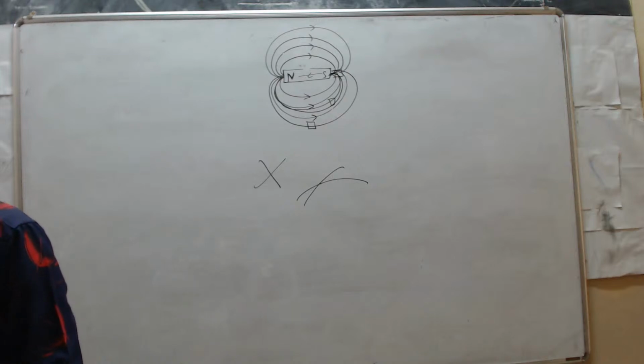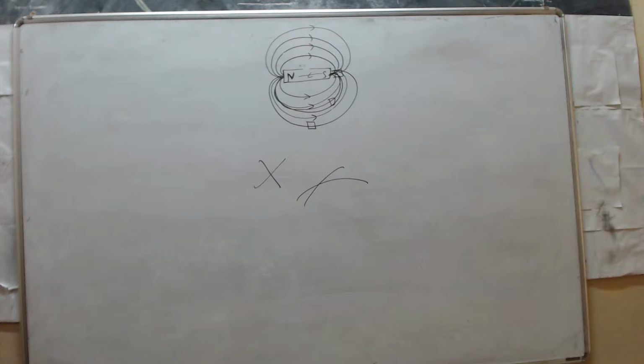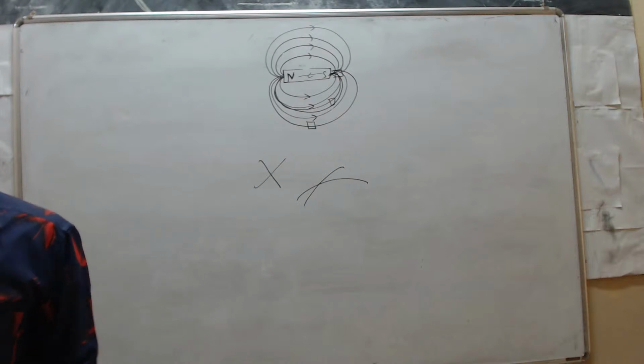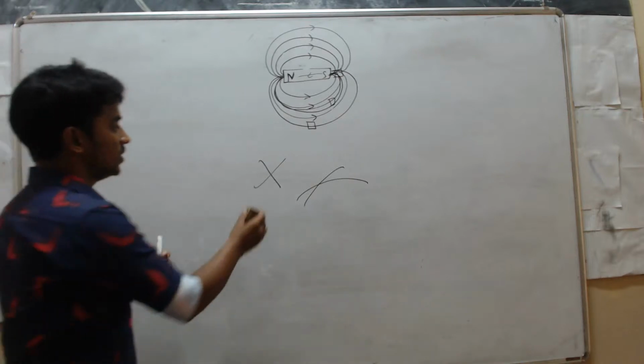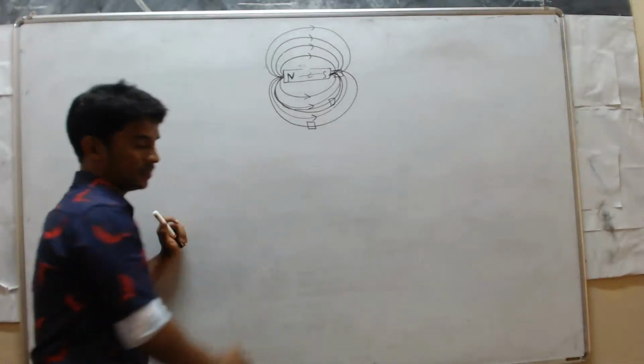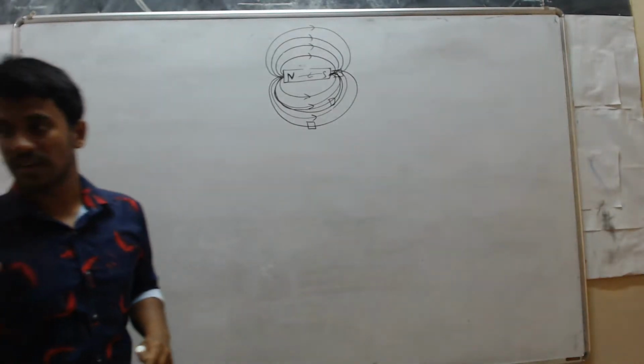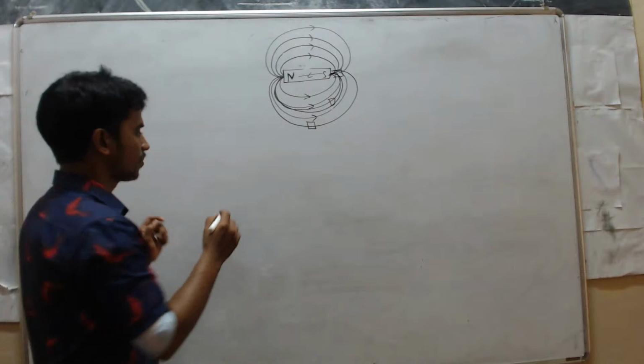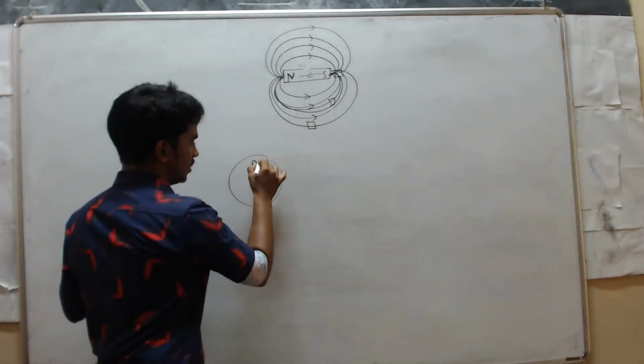Next, this is because if you place the magnet compass at that point of intersection, it will orient itself only in one direction and not in two directions. Why? Because a compass can show only one direction at a time, right?